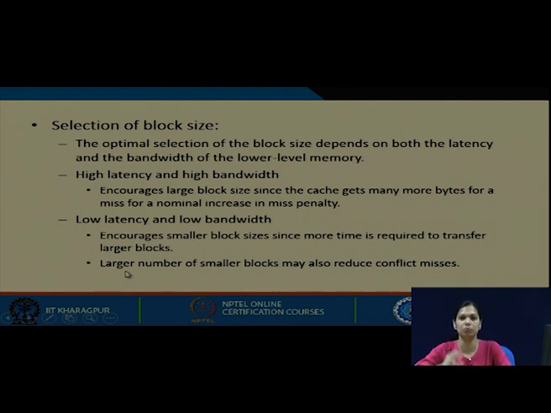Conflict miss is what I already discussed, where different main memory blocks are mapped to one cache memory block. If you have a large number of smaller blocks, you will have various opportunities of mapping different blocks to different blocks. So, that becomes easy, and the conflict misses can even reduce.